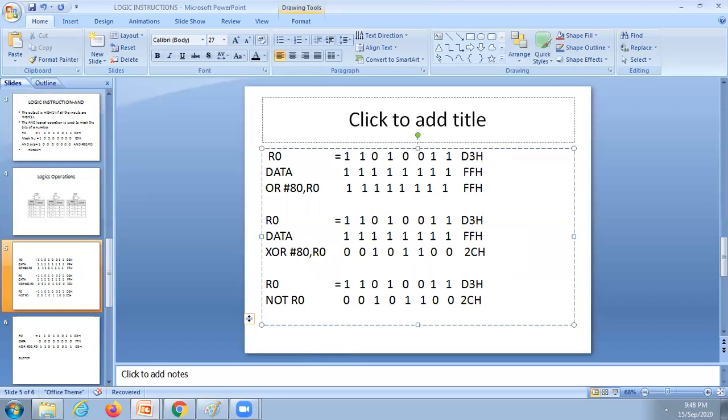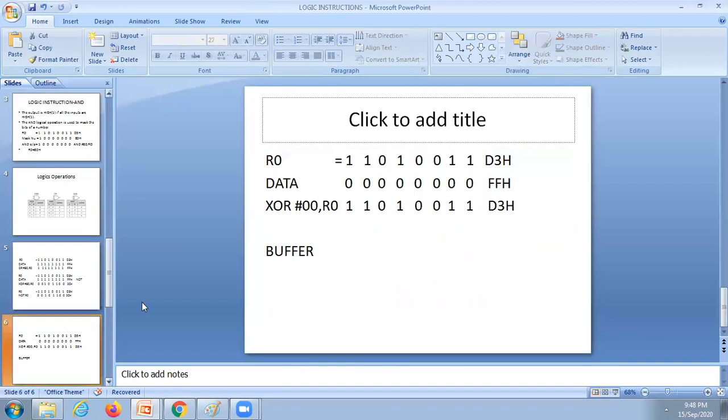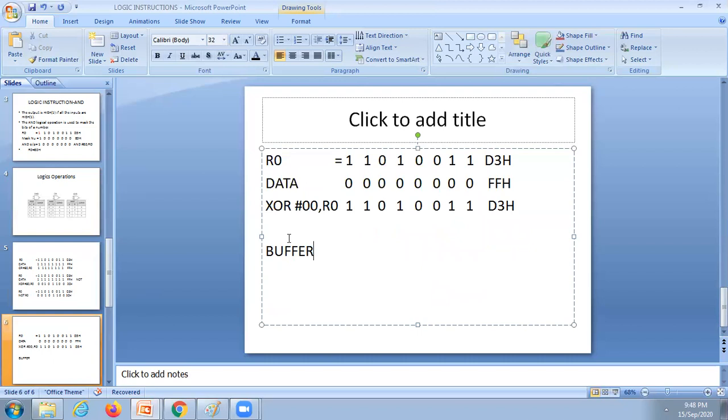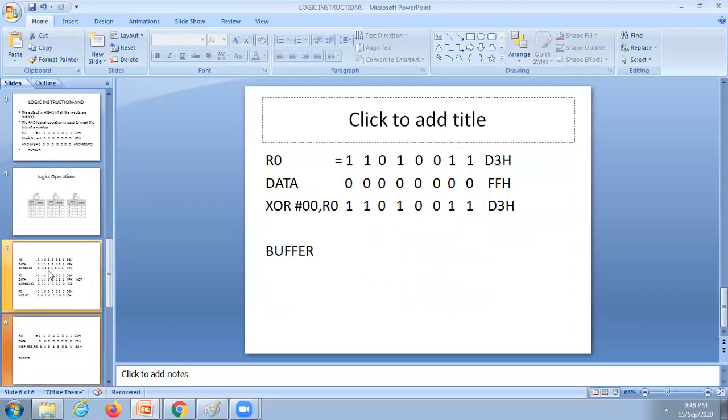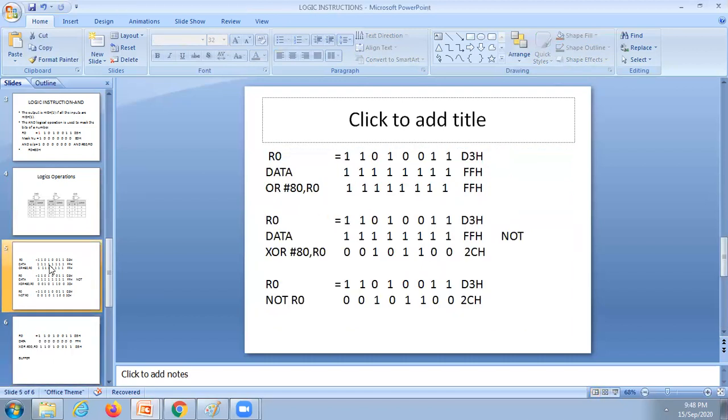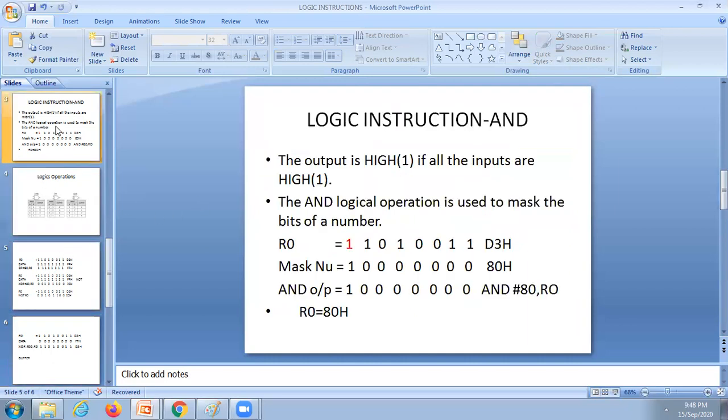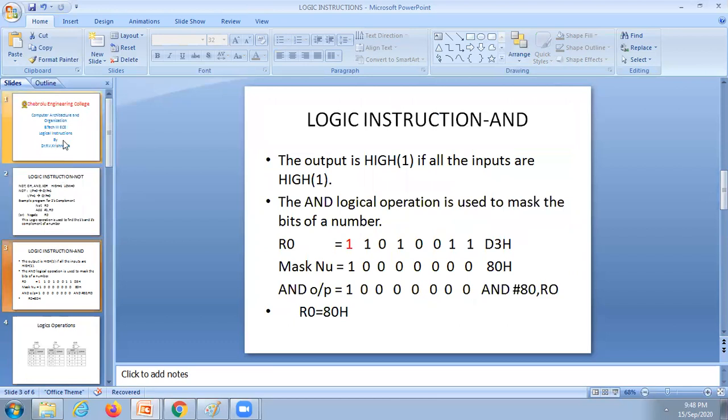XOR with all ones will act like a NOT operation, whereas XOR with all zeros will act like a buffer. This is nothing but exclusive OR logic. Here I have explained exclusive OR, NOT, OR logic and AND logic. These are the logical operations which are going to be used in the processor.